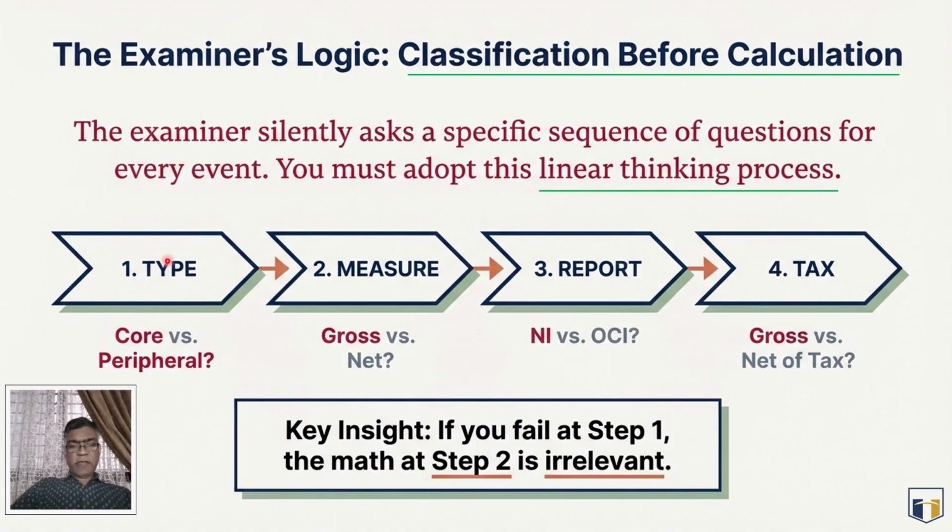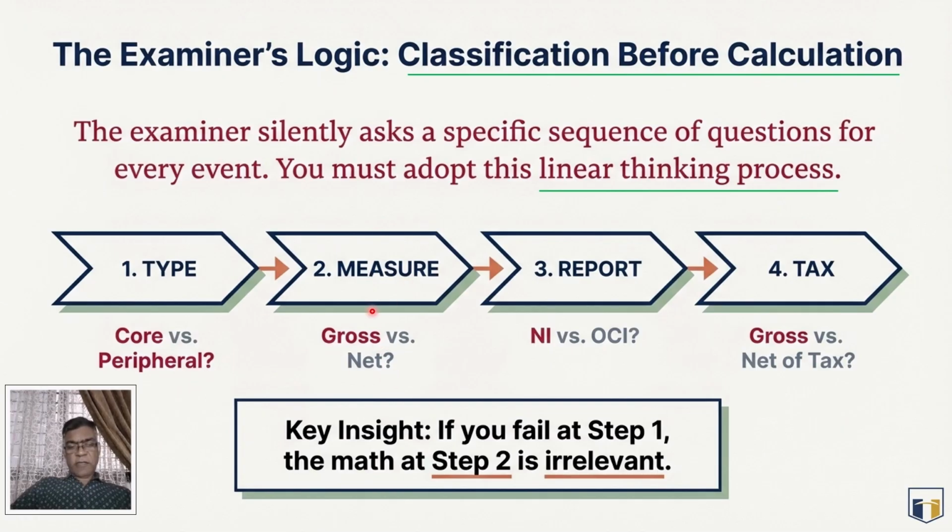The examiner silently asks a specific sequence of questions. For every event, you must adopt this linear thinking process. We have already learned the four-gate approach. Here is the four-gate approach again. Once you understand it, it will be easier for you to handle the examiner's question. Type means the identity gate: core versus peripheral activities, whether gross concept or net measurement concept.